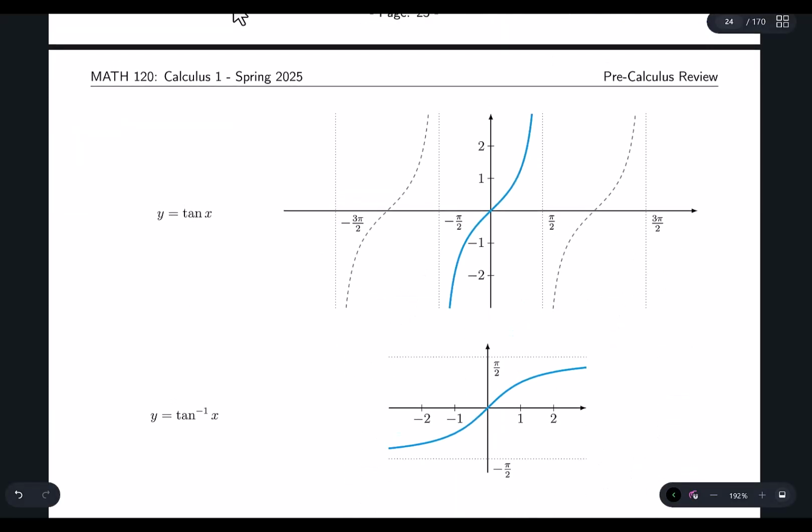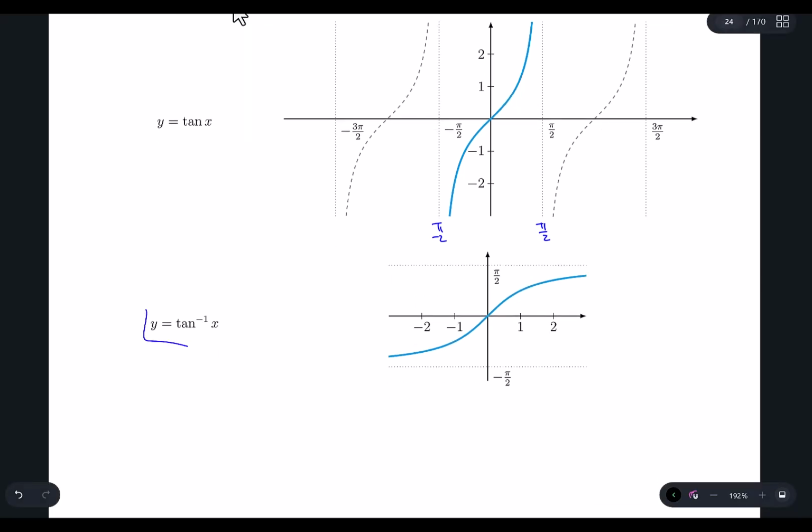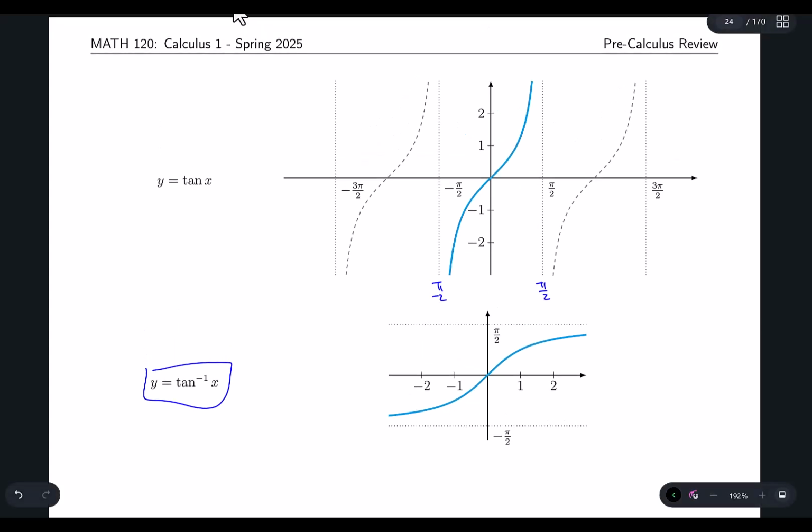Last thing, tangent. The graph of tangent is one that you could just understand as having asymptotes at odd multiples of pi over 2, that is, multiples of pi over 2 except for 0. And when you do arctangent, it's really helpful to understand that when you have an inverse, you're flipping the graph about the line y equals x.